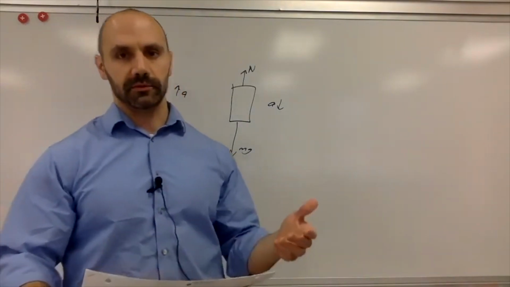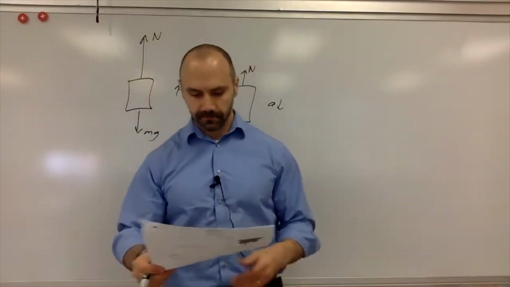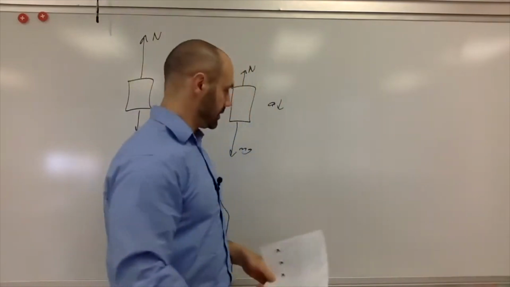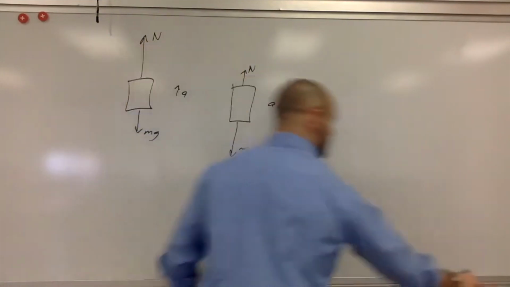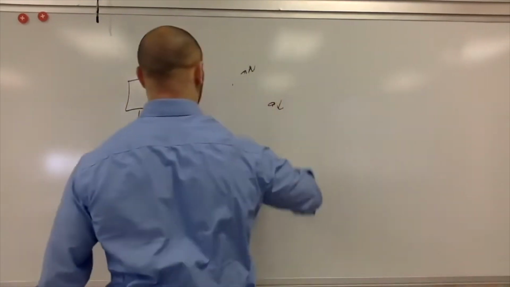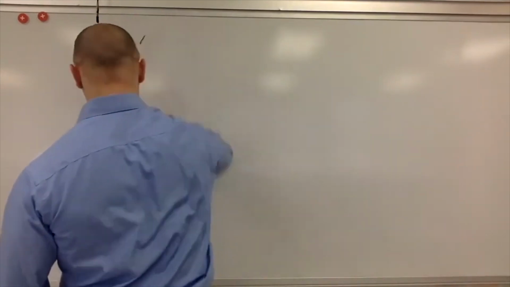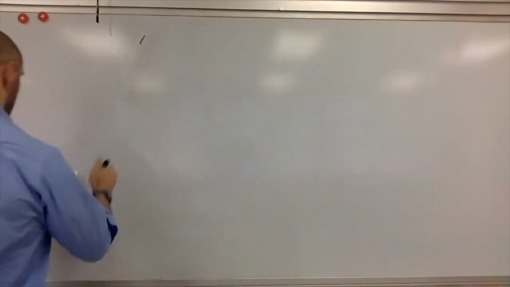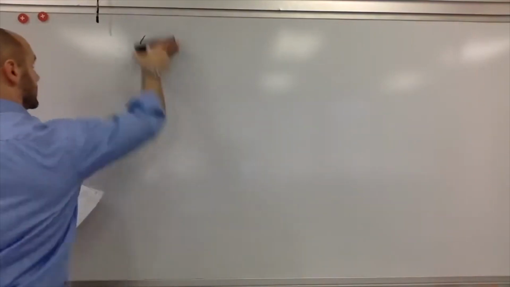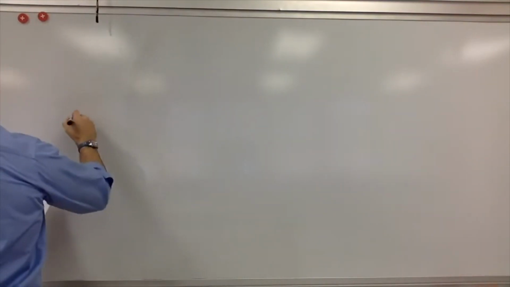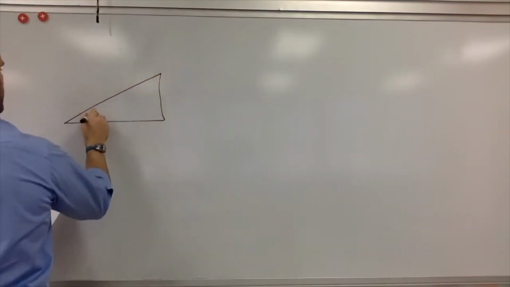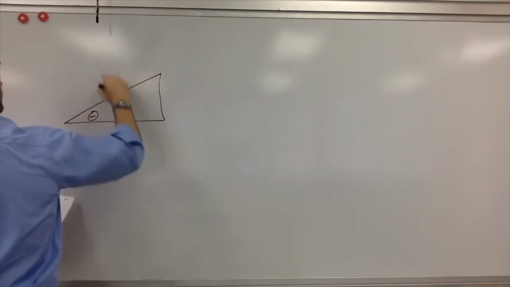This is a different type of situation where we have normal force. And let's do a little bit of geometry so we can see where this angle ends up. We're going to be doing this quite a bit later on, so let's just start it now. On the inclined plane, this is the angle theta, and so here's the block.